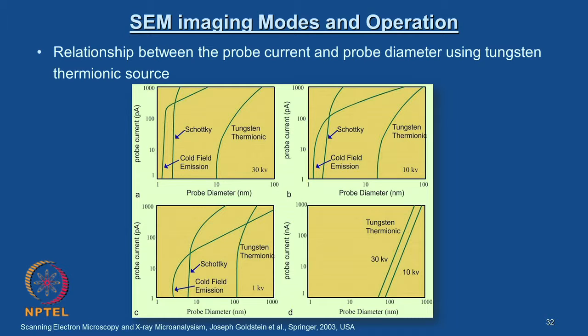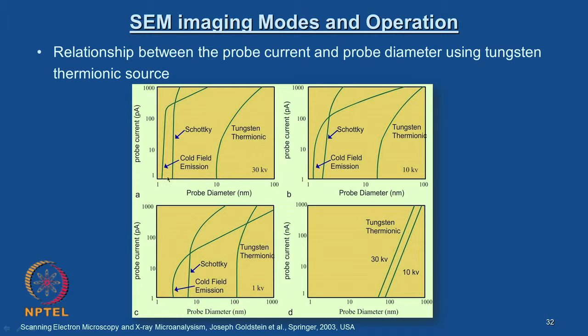How this probe current and probe diameter vary with the tungsten thermionic source versus the field emission source is shown in all these 4 plots. You can carefully look at it. The probe diameter, which is varying from 1 to 100 nanometers, versus probe current, for a normal imaging condition, and you can see that you have the thermionic source, as well as the field emission source.